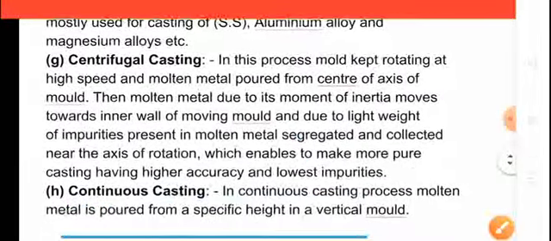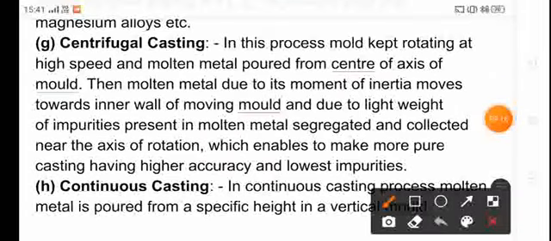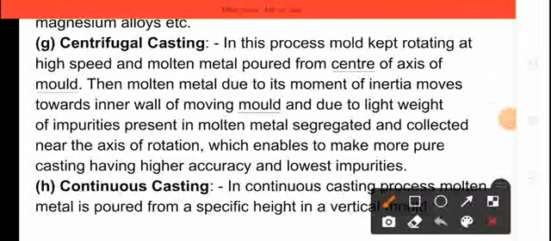Now let's see the centrifugal casting. In this process, the mold is kept rotating at a high speed and molten metal is poured from the center axis of the mold.